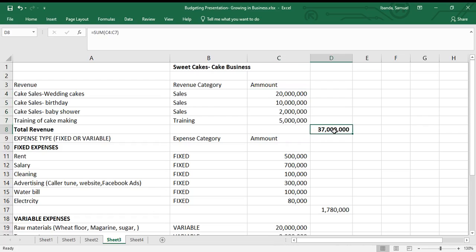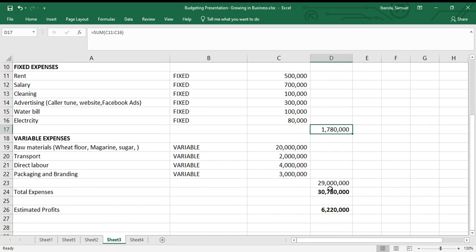As you can see, if you're projecting to make sales worth 37 million, this might excite you, but once you get down to your expenses, you realize that your expenses are worth 30,780,000, and this means your profit gets down to 6,220,000. This should open your eyes.